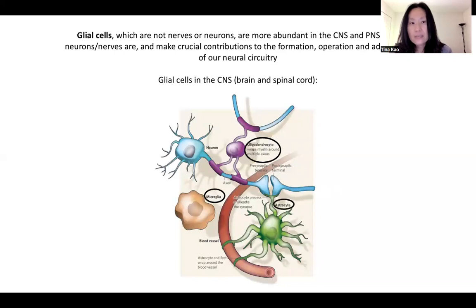So within the CNS, within the brain and the spinal cord, there are three main classes of glial cells: oligodendrocytes, astrocytes, and microglia. And you see that these are cells, right? So they all have their cell bodies, and you see they all have different functions.